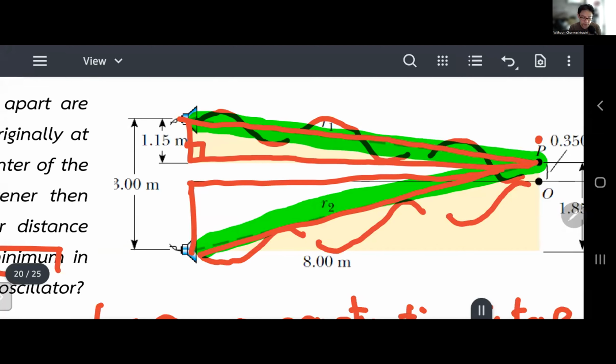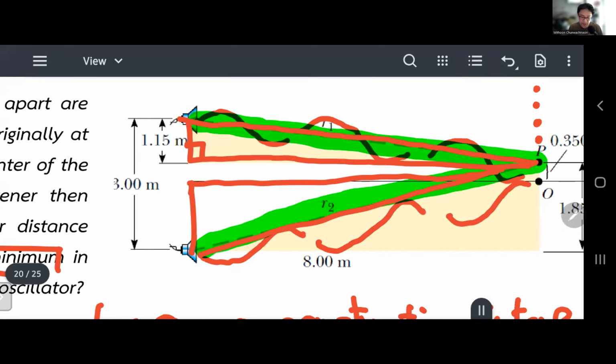You guys with me here? Okay. And if you keep walking, it will become quiet again because you hit the next destructive interference when the path difference is 3 lambda over 2. If you keep walking, it will go loud again because the path difference is now 2 lambda. And if you keep going, it will be quiet again at the next destructive interference, and on and on.